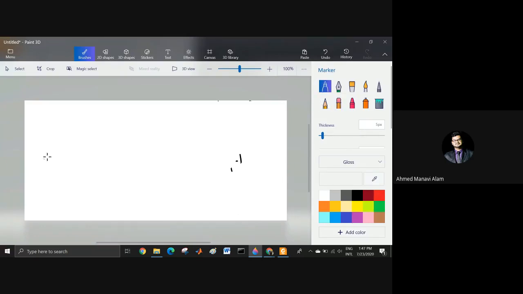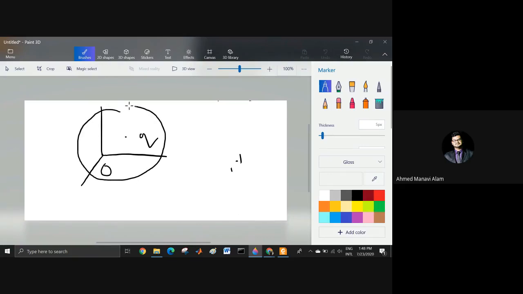Here, suppose this is my coordinate system. This is my origin. At this point, there is my charge Q. Okay, let me draw the sphere first. Okay, now suppose this is the point. Let me draw it in a different color.